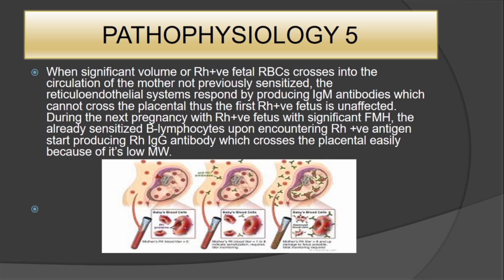Because the mother is already sensitized, the sensitized B lymphocyte will respond by producing IgG. This time around, it is IgG, Rhesus immunoglobulin G antibody, that will be produced.